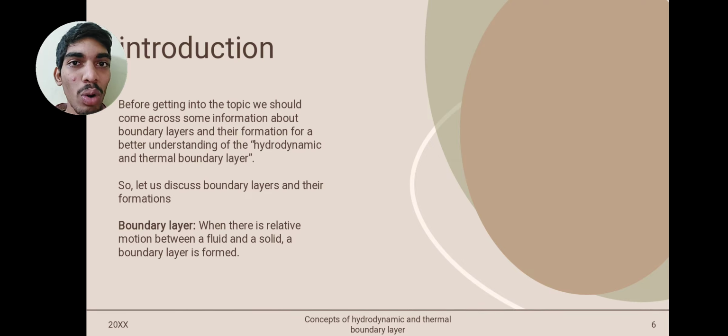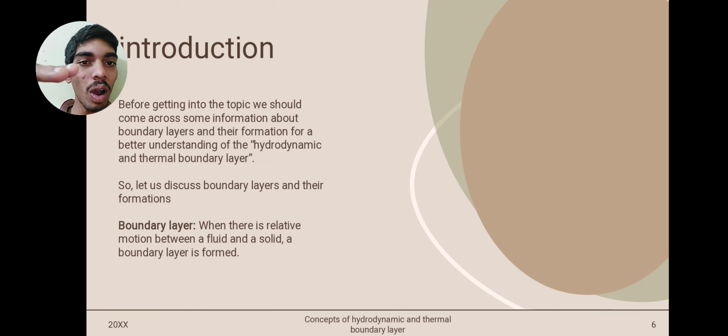A boundary layer is defined as follows: when there is relative motion between a fluid and a solid, a boundary layer is formed. To understand this in detail, let us consider a flat plate placed like this, which is stationary.